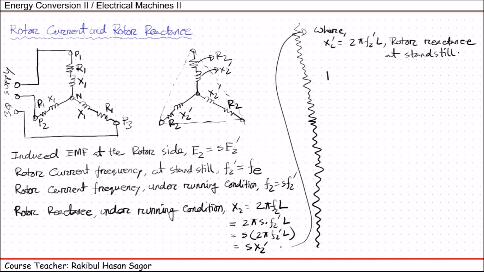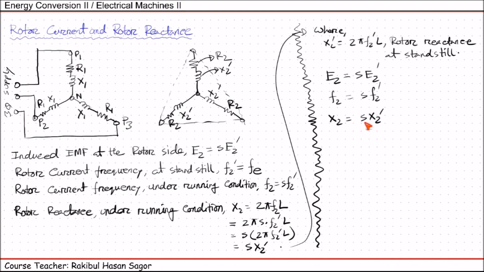So we have got E2, the rotor induced EMF, equal to S into E2 prime. F2, that means rotor current frequency, equal to S into F2 prime, where F2 prime is equal to the supply frequency, and X2 equal to S into X2 prime, where X2 prime is the rotor reactance at standstill condition.